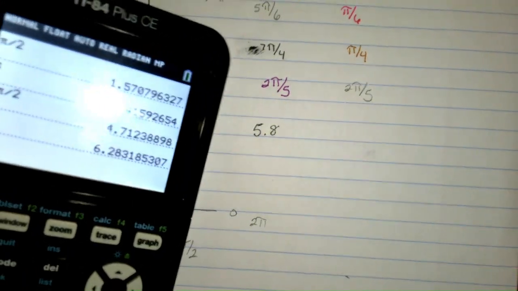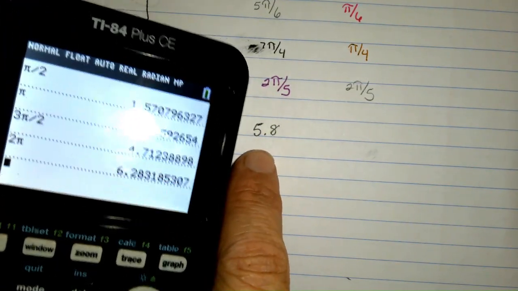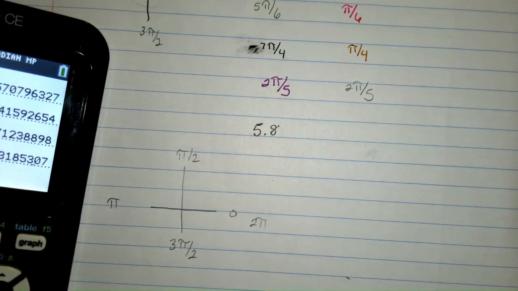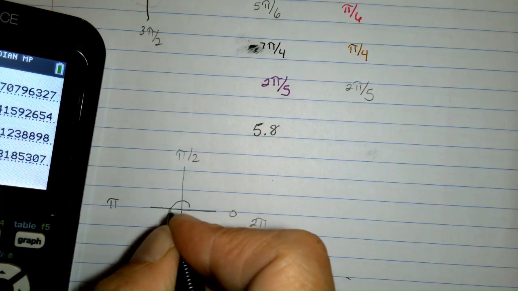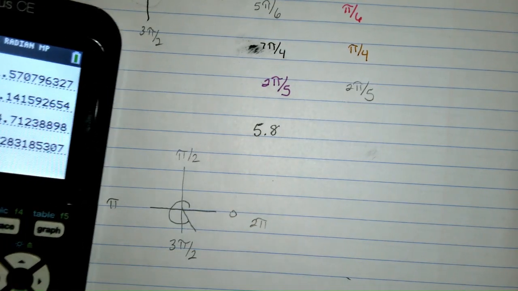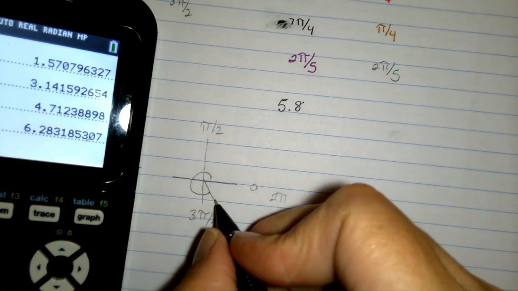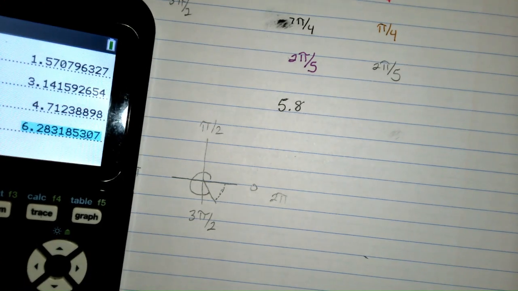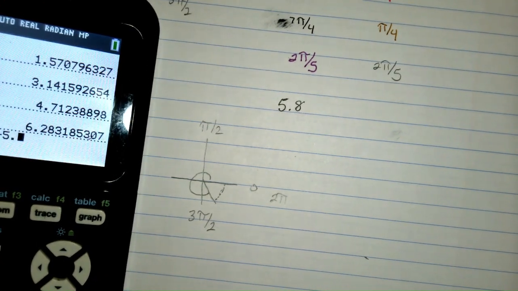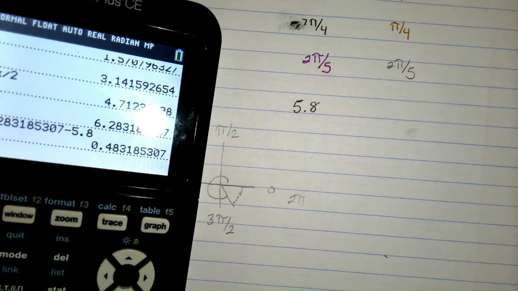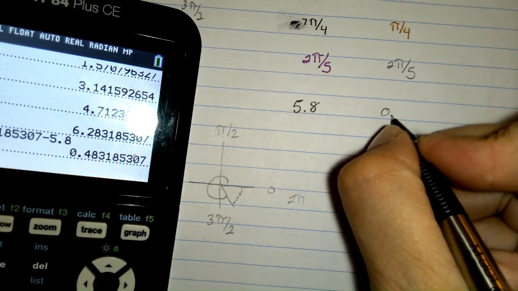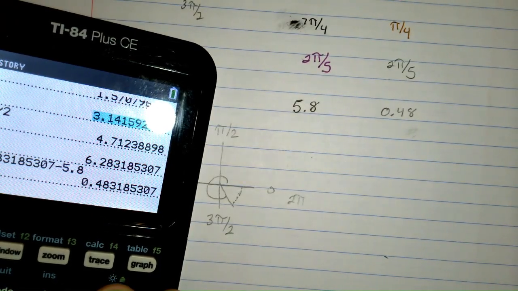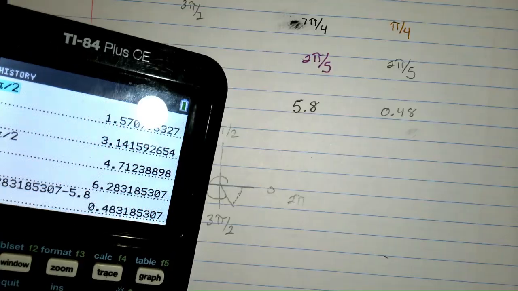Okay. So 5.8 falls between these two. So I'm here. So the shortest distance back to the x-axis is however far we are from 2 pi. So I've got to do the 2 pi number minus 5.8. 0.48. It's less than half a pi, so we did good.